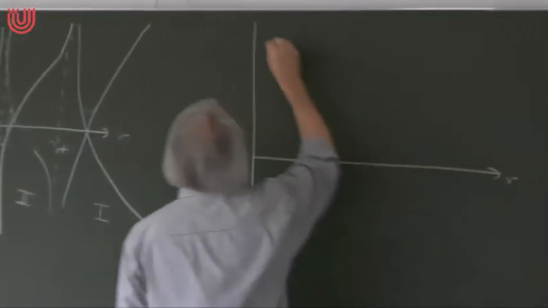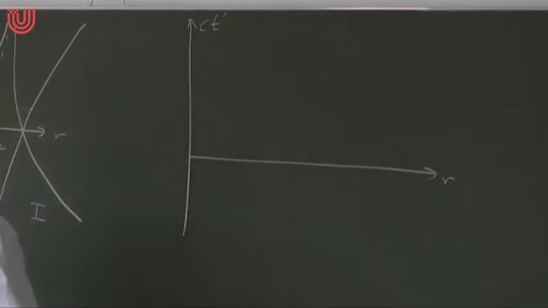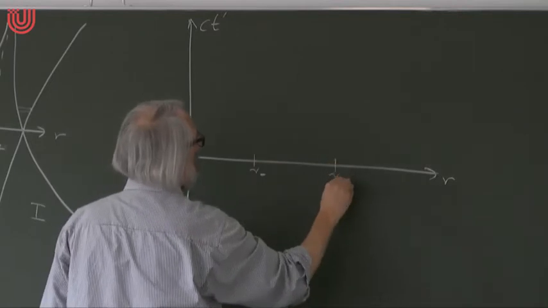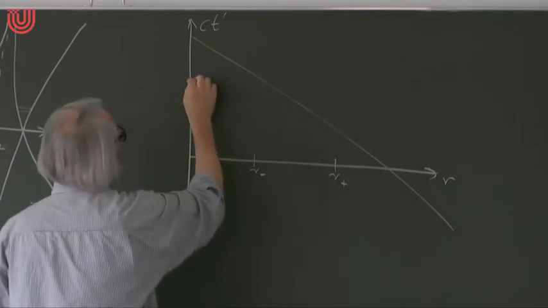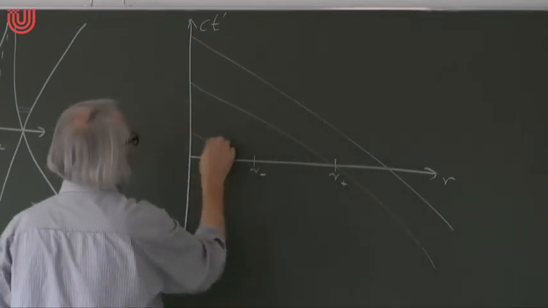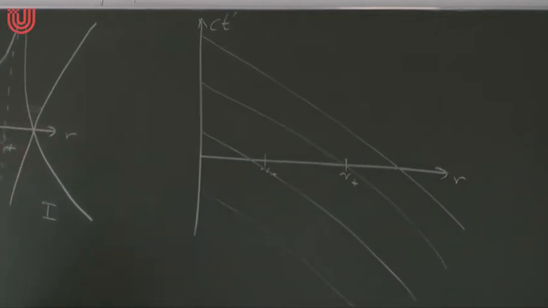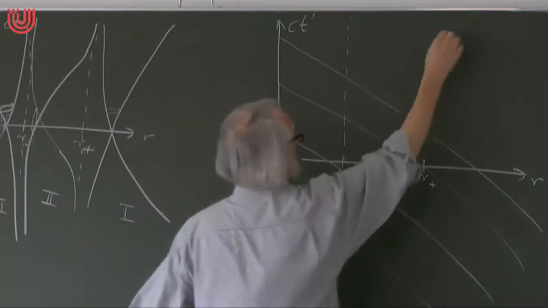So if we do it for ingoing Eddington-Finkelstein coordinates in order to construct a black hole, we have here r minus, here r plus, and now the ingoing light rays are just straight lines at 45 degrees. And the other ones are bent even stronger than before, because now we have this factor 2 in front of the log.